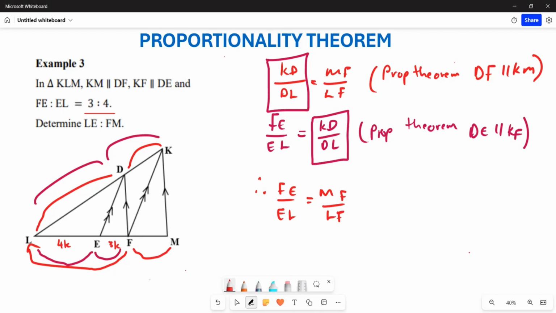The reason is that both of them are equal to KD over DL.